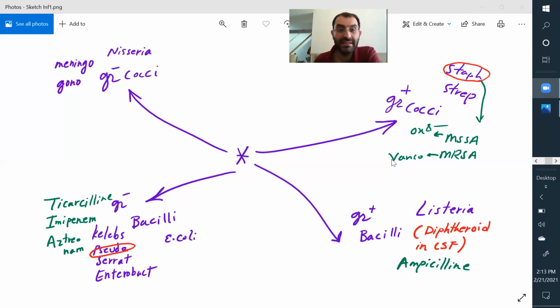Pseudomonas killing penicillins: piperacillin, ticarcillin, carbenicillin. These are Pseudomonas killing penicillins.